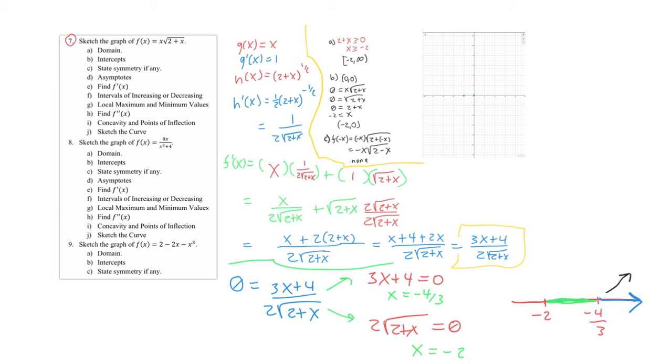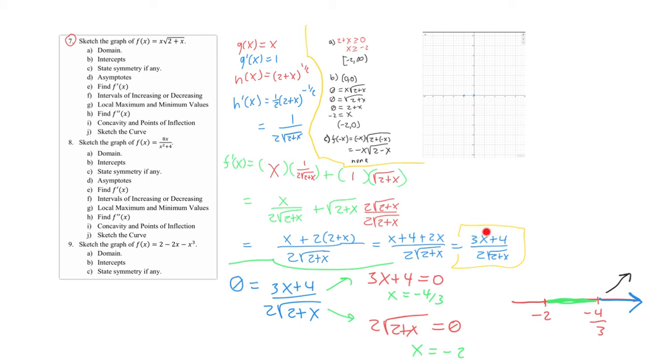With regards to this green section, -4/3 is really -1 1/3. -2 is obviously -2. So a number that would be between -1 1/3 and -2 is -1 1/2. So we could test that, and that is -3/2. So if we plug -3/2 here, you're going to get a negative number.